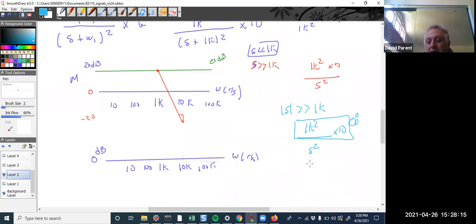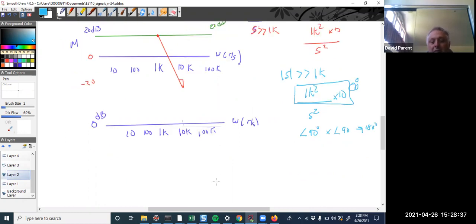And remembering the trick, this is really something 90 times something 90, which then combines to 180 because it's in the denominator. When we bring it up into the numerator, it goes to minus 180. So somewhere it's going to be minus 180.